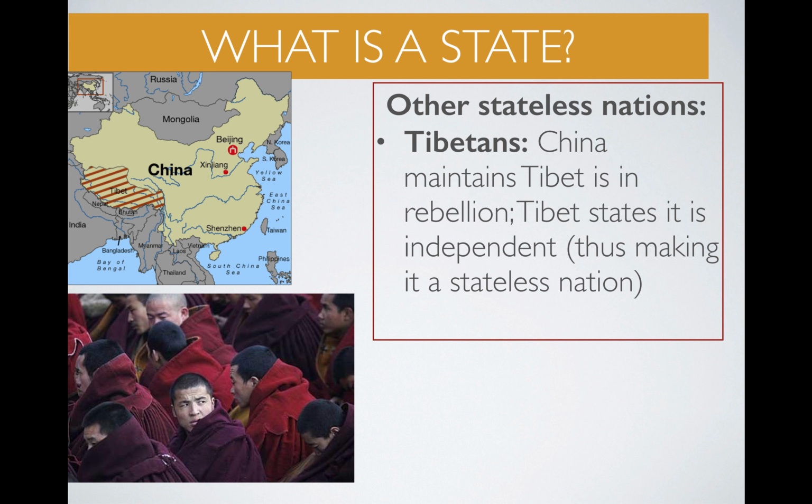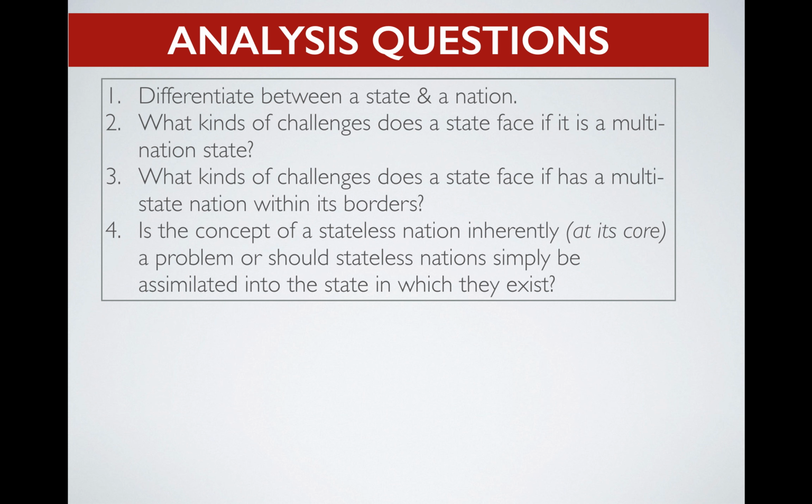The phrasing there could be kind of tricky, because China wouldn't agree with that. China claims it's part of their country, and therefore, if that's the case, then Tibet doesn't have a land of its own, making it a stateless nation. That, of course, is open to interpretation, because, as we just said, that would not be how China would see it.